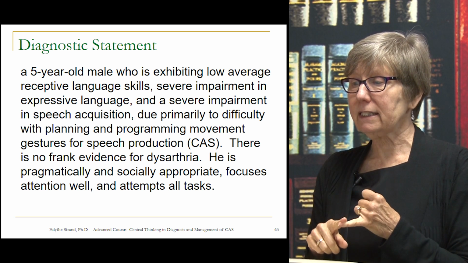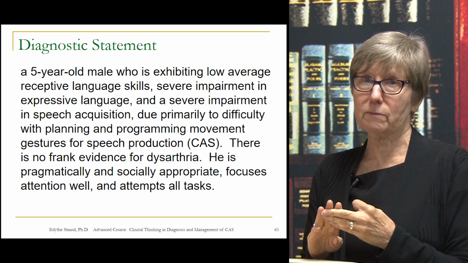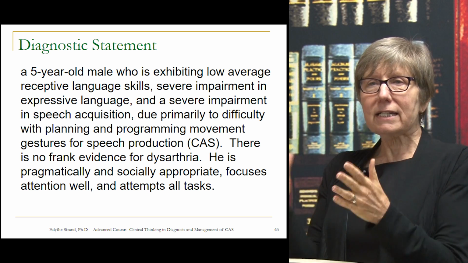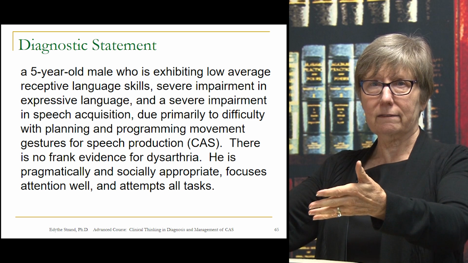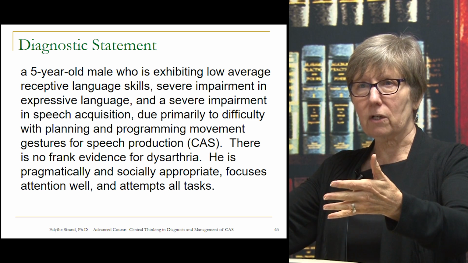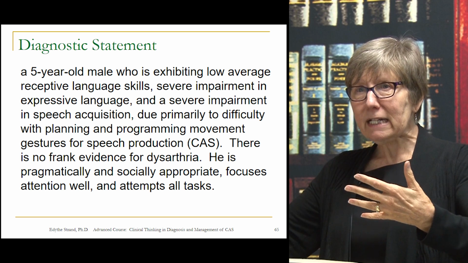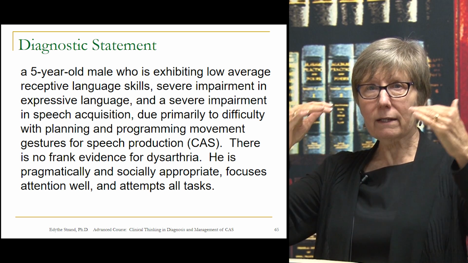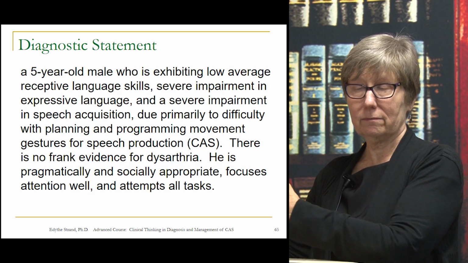He is pragmatically and socially appropriate, focuses attention well, and attempts all tasks. Now, it doesn't have to include just those things, and it certainly doesn't have to be said as I said it. But what's important to note is that we provide information about what impairment we noticed and what's going well.